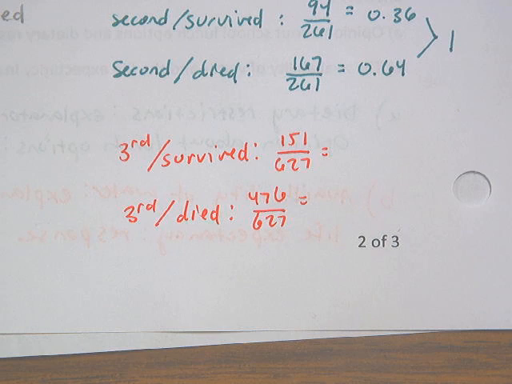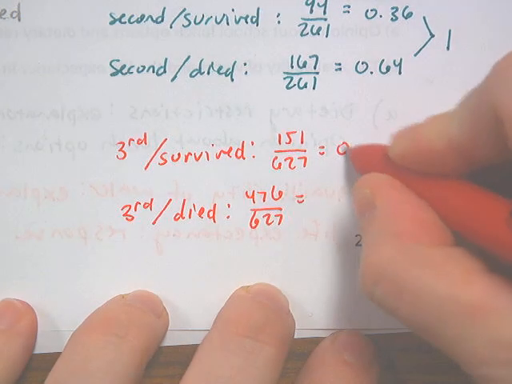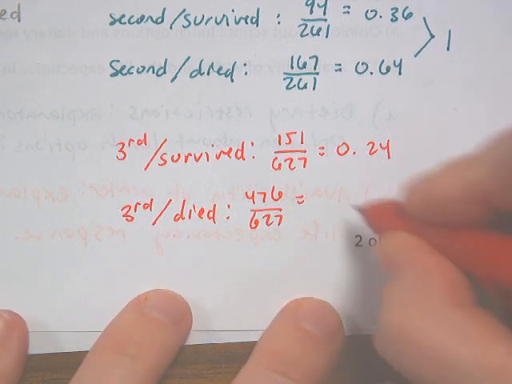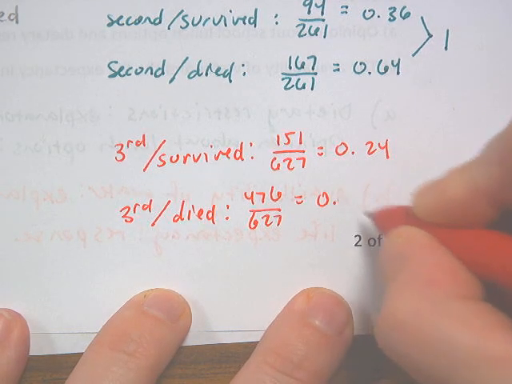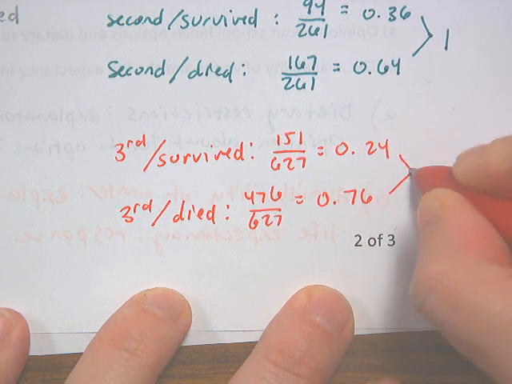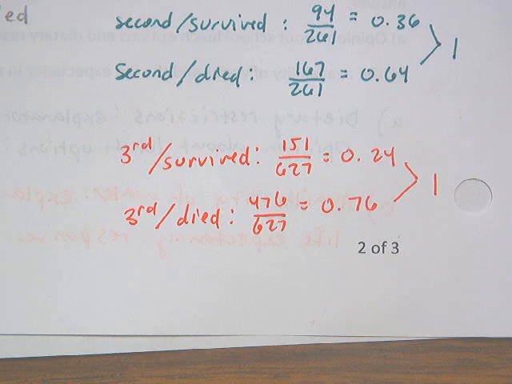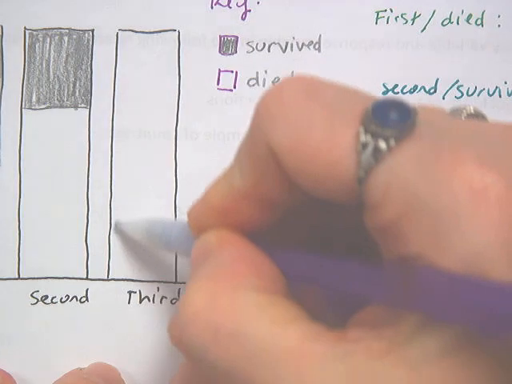The whole situation was pretty dire. So more than 75% of the third class passengers died on the Titanic. So 75.